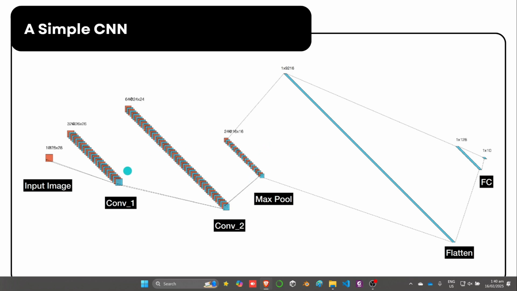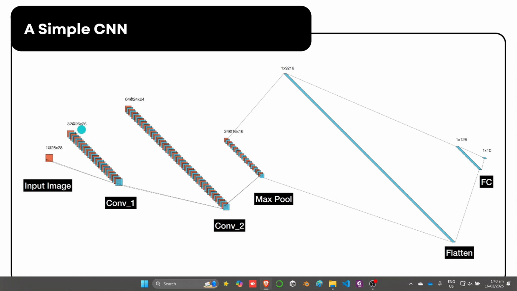So what it tells us is, this is the input image, which is 28 by 28. Obviously this is grayscale because it has a depth of one. As you can see, this is a tiny kernel size. This is our filter kernel, and it's applied to this image.